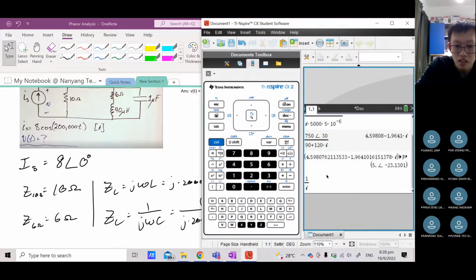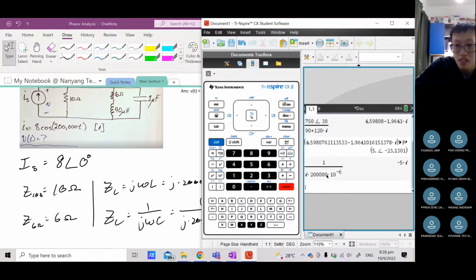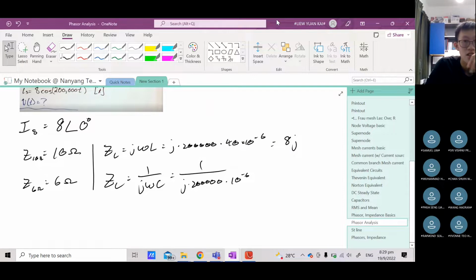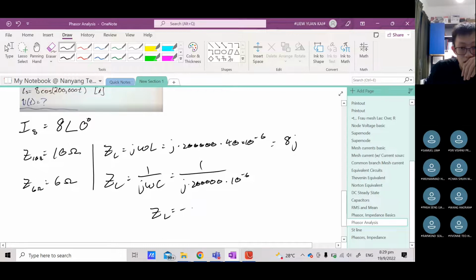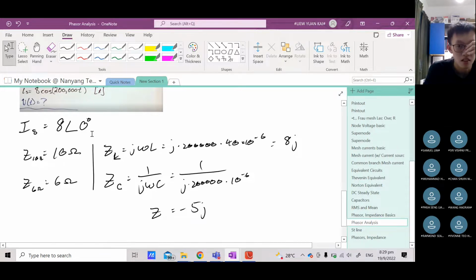It's negative 5j. Sorry, this is C, and this is L. Then this is negative 5j.